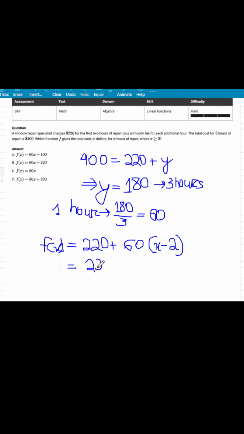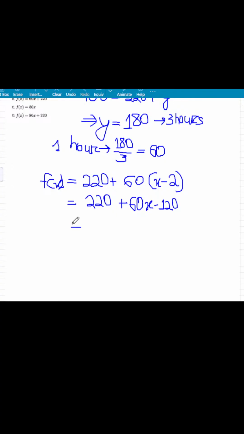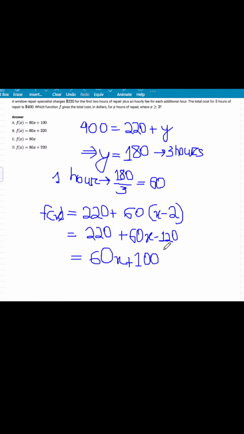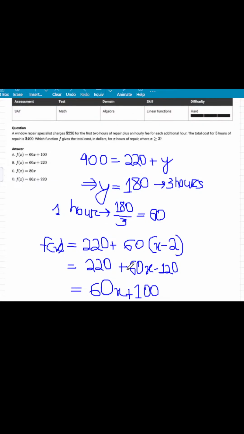We have 220, and then we have 60x, and then minus 120. If we add the terms, we get 60x plus 220 minus 120, that will be 100. So 60x plus 100. This function will give us the cost of repair for any x number of hours. You can even put the value of x equal to 5 and see if this is matching.